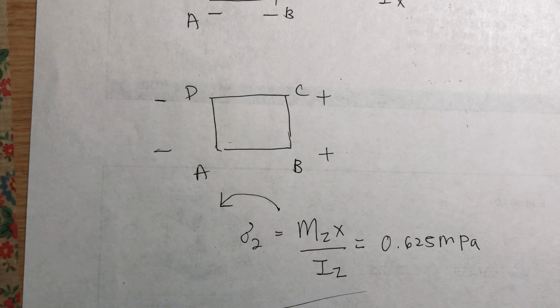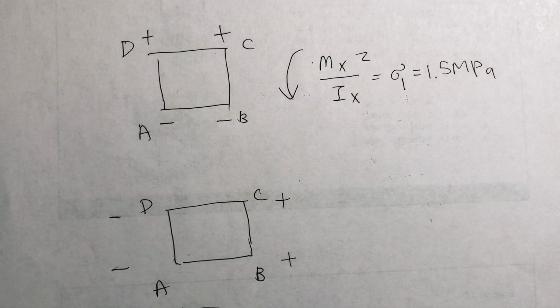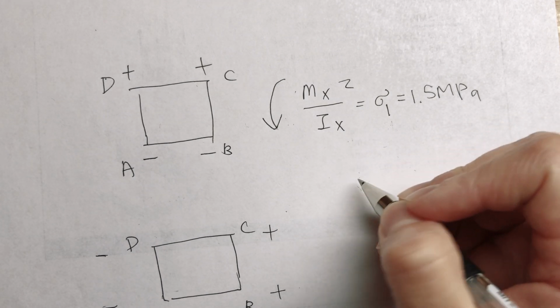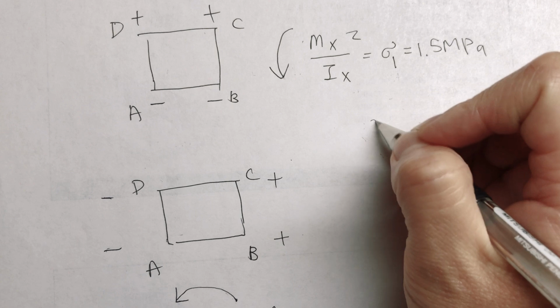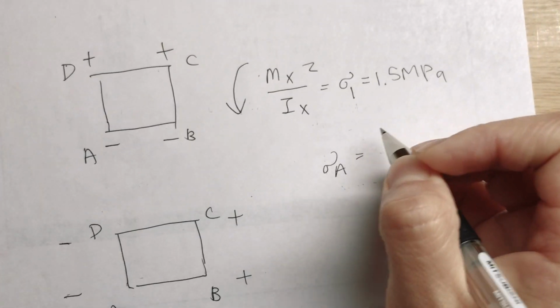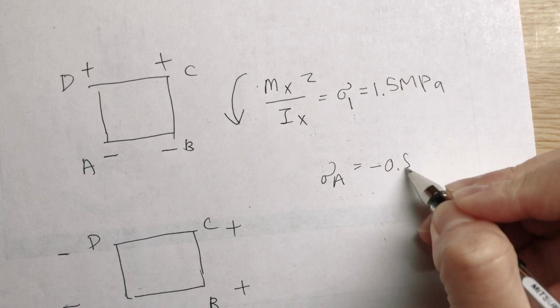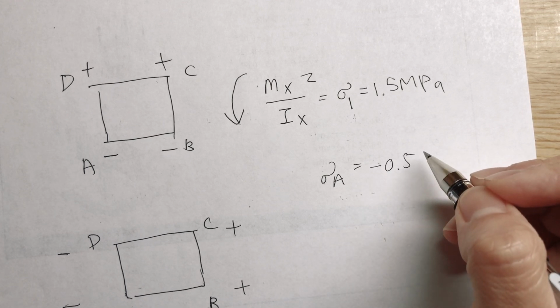So turn to slide 23. Does that make sense? So let's see. For stress at A, that's going to be negative stress from the centric load, negative 0.5 megapascals.